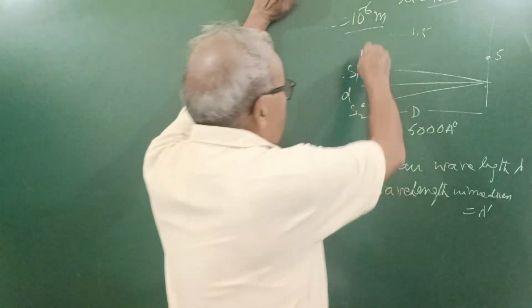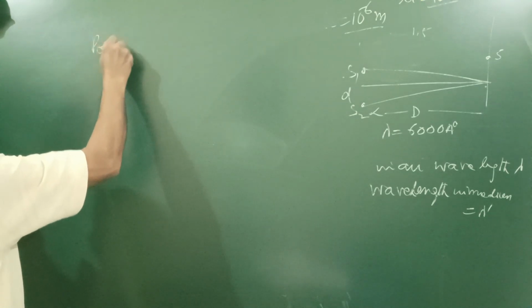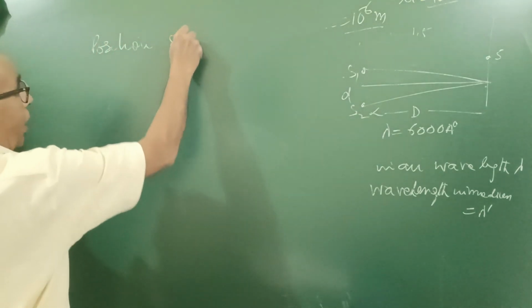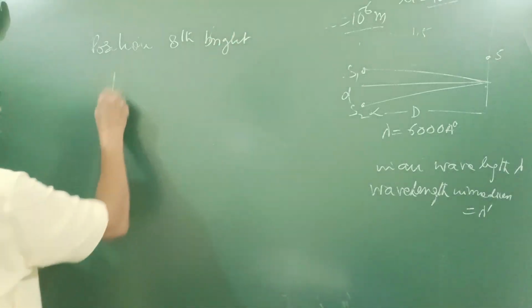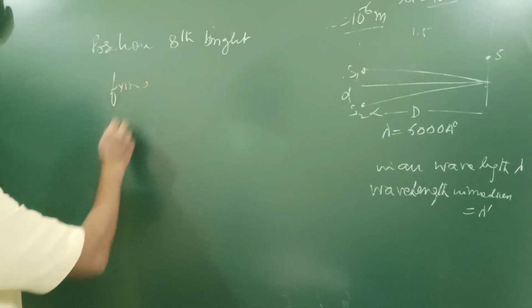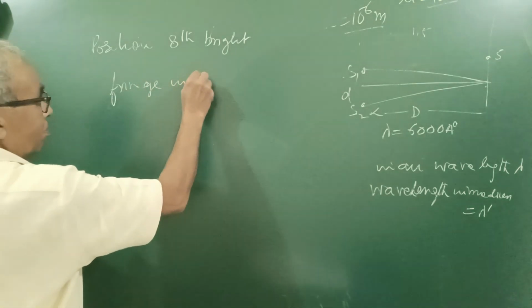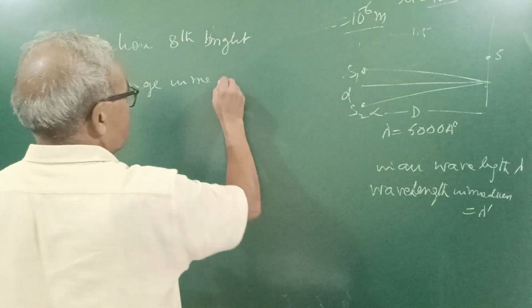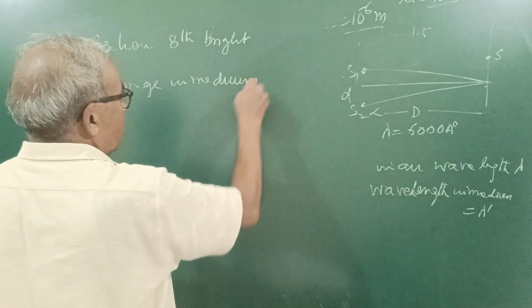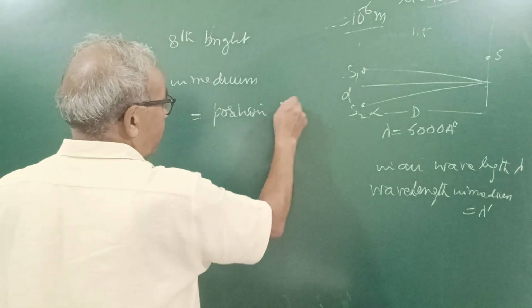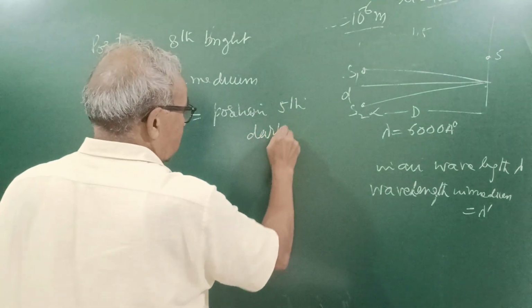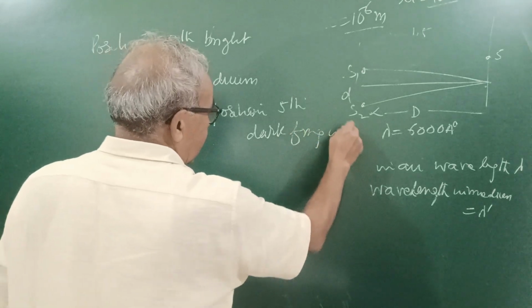So when we use lambda, they say that the position of the eighth bright fringe in the medium is equal to the position of the fifth dark fringe in air.